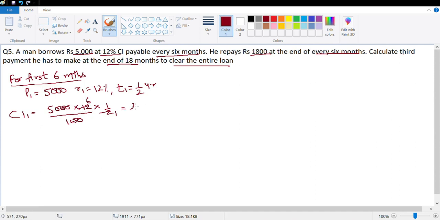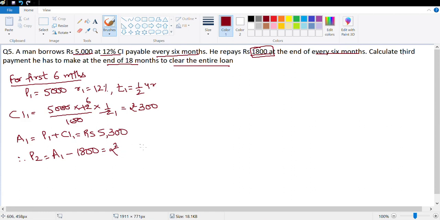This is equal to rupees 300, which means amount at the end of the first term is equal to principal plus compound interest, which is equal to rupees 5,300. But at this point, he repays 1800. So therefore, principal 2 is equal to amount 1 minus repayment, in this case 1800, which is equal to 5300 minus 1800, which is equal to 3500.